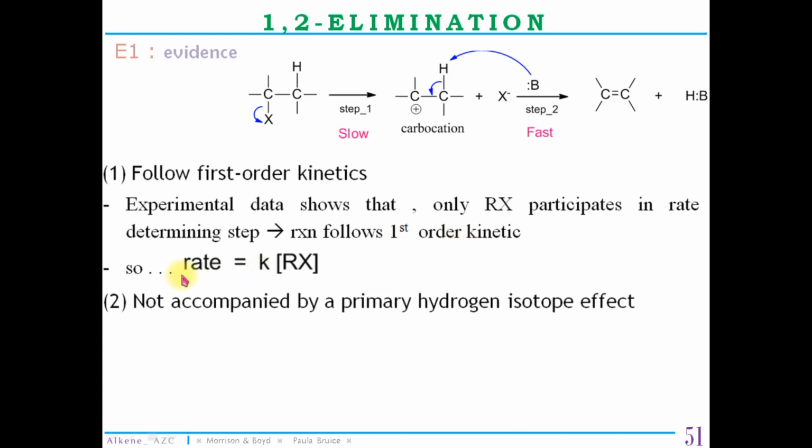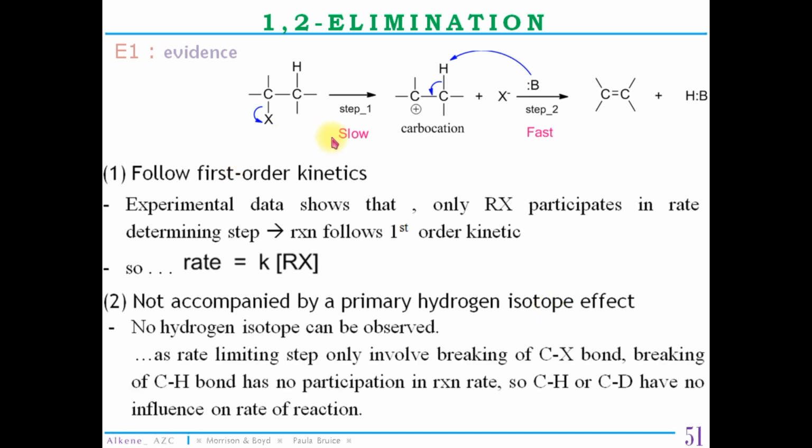Second evidence, it is not accompanied by a primary hydrogen isotope effect. We have seen that in the rate limiting step there is involvement of only one bond, which is the carbon halide bond. As the rate limiting step only involves breaking of the CX bond, this carbon hydrogen bond has no participation in the reaction rate.